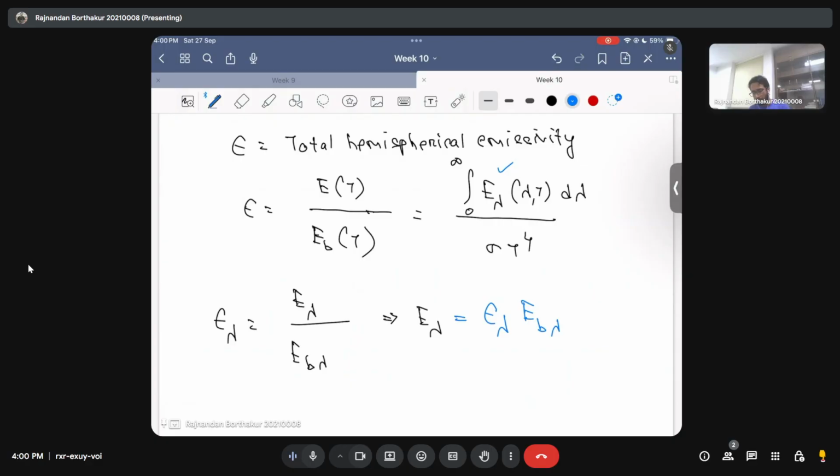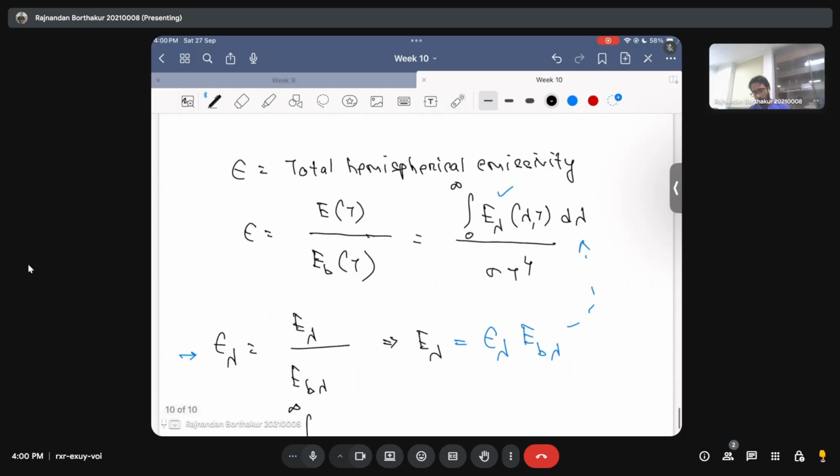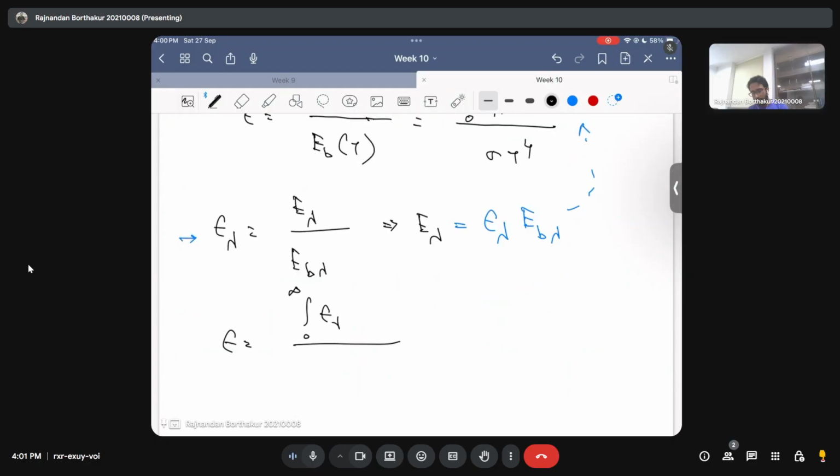That comes from the definition of the spectral emissivity that we just now saw. So if we substitute this, the total hemispherical emissivity is the integral from 0 to infinity of the spectral emissivity times the spectral emissive power of a black body, integrated over all wavelength d lambda, divided by sigma times T_B raised to the power 4.